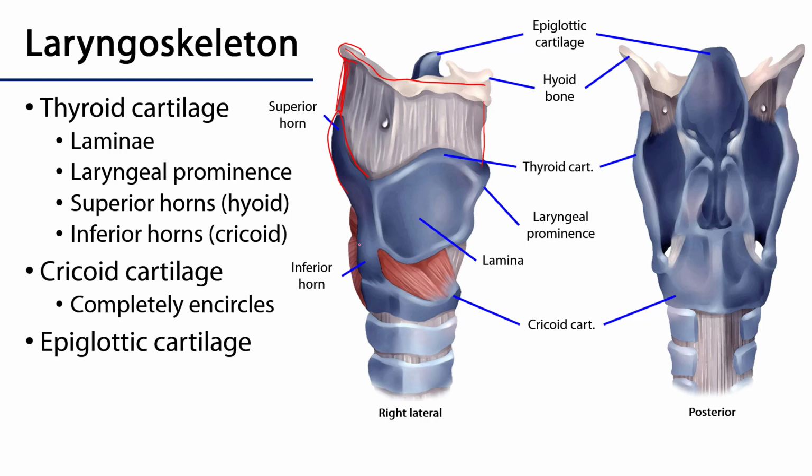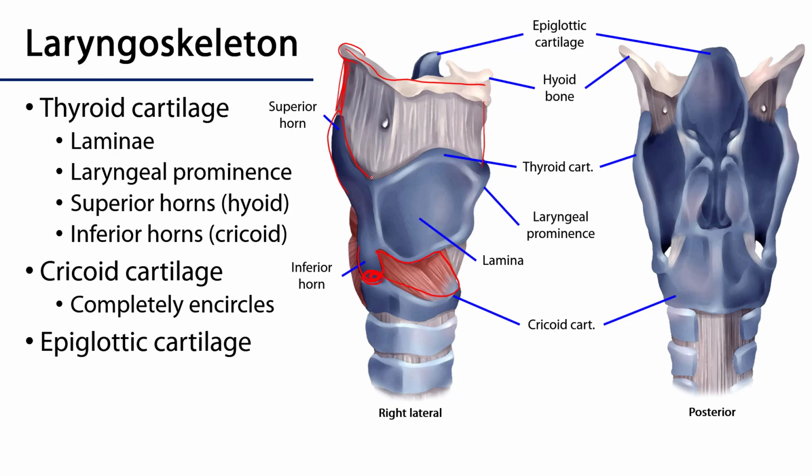There are also inferior horns. These inferior horns are able to articulate with the cricoid cartilage to form the cricothyroid joint, and that's the joint upon which the cricothyroid muscle, so we can see here, acts.